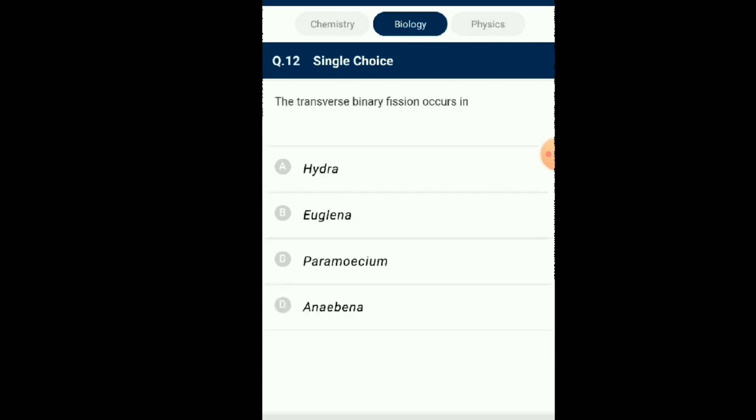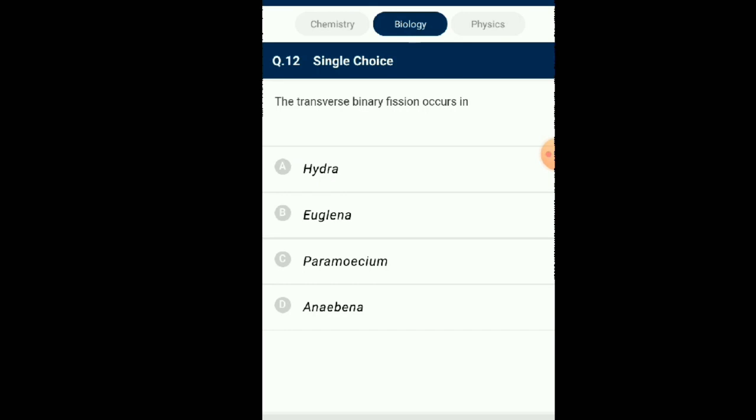Question number 12. The transverse binary fission occurs in. Binary fission is the process of asexual reproduction in which the parent organism divides into two halves depending upon the plane of division. Binary fission may be simple, longitudinal, transverse, and oblique.